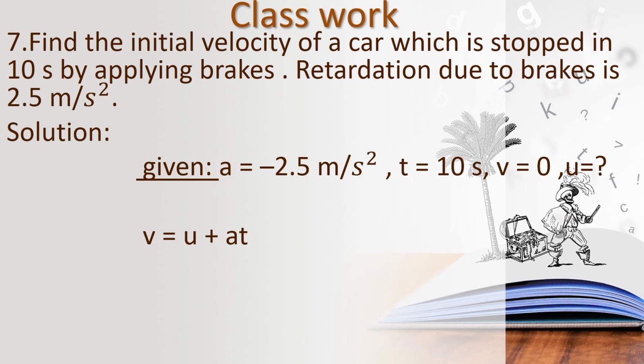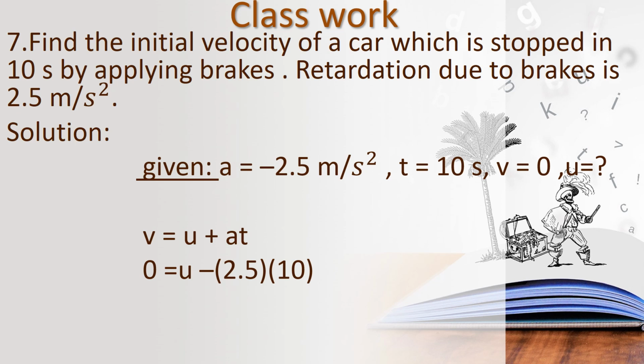So v equal to 0, and u is the initial velocity we are going to find. Acceleration is given as minus 2.5, and time is 10. So we can substitute all the values in this equation: 0 equal to u plus minus 2.5 into 10.